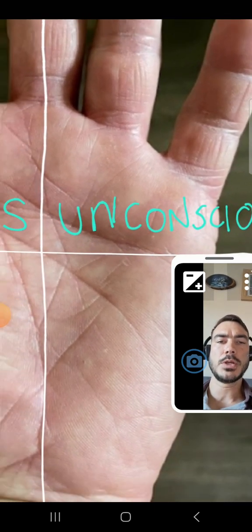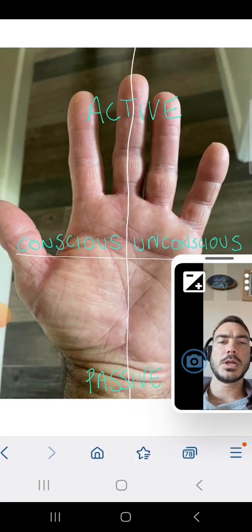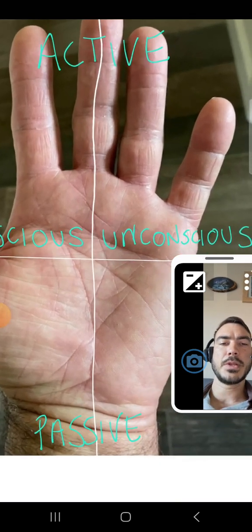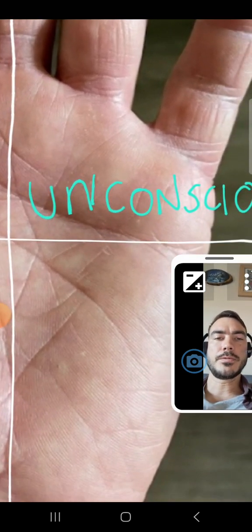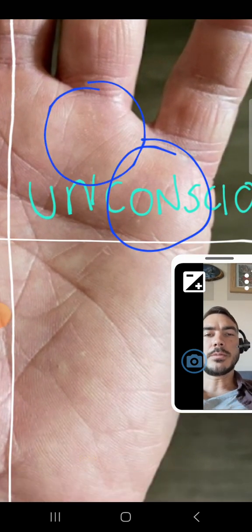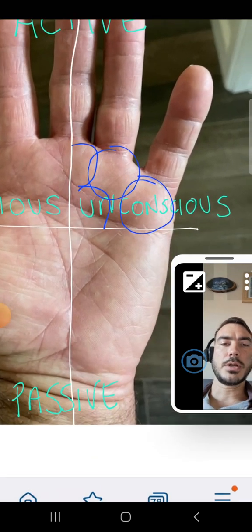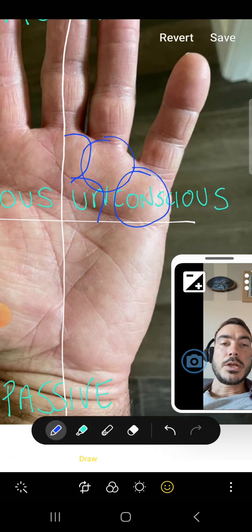So if you divide the palm four ways like this, and you've got someone with very developed mounts all in these areas here, they're going to be a show-off. They're going to communicate and express well.